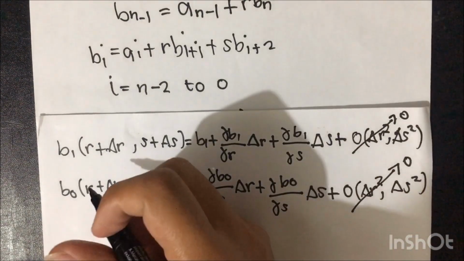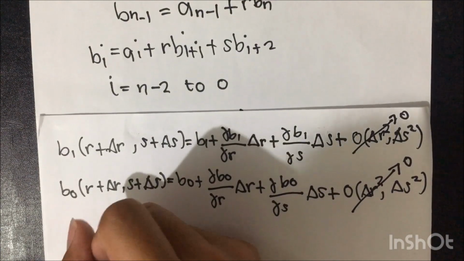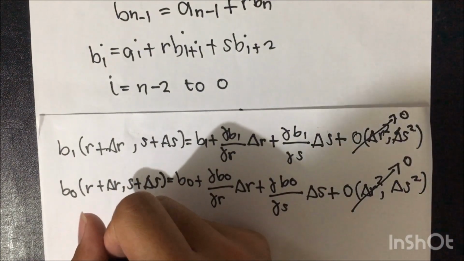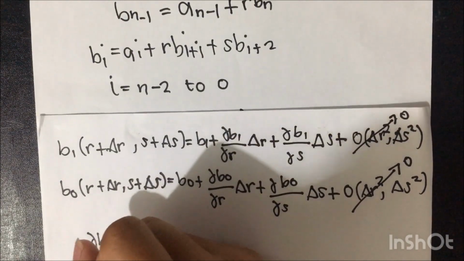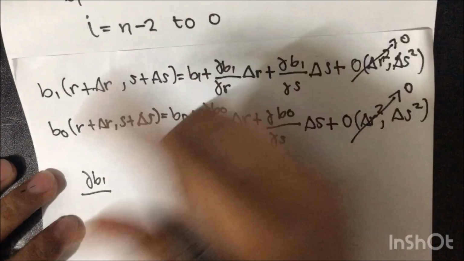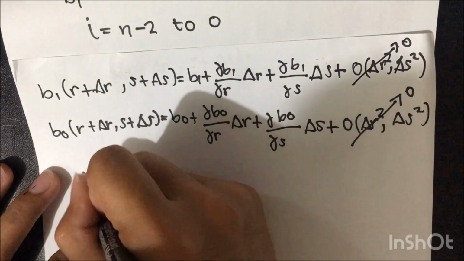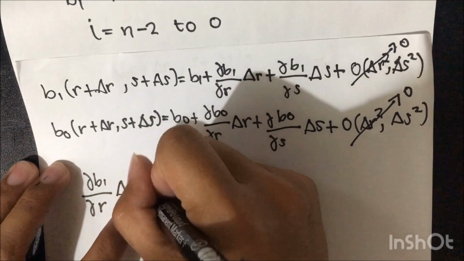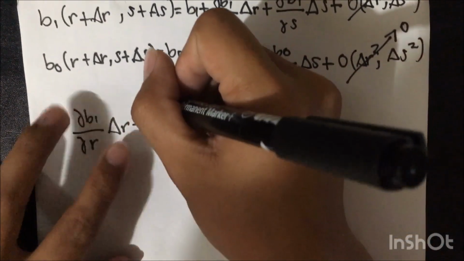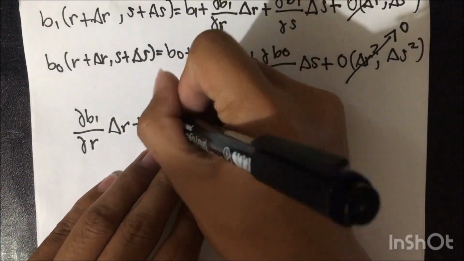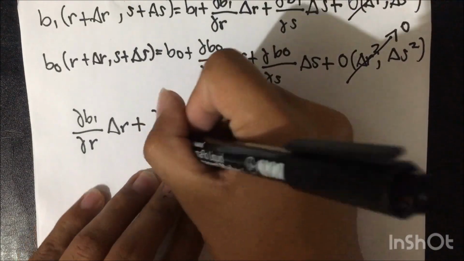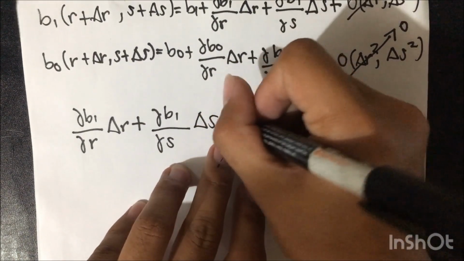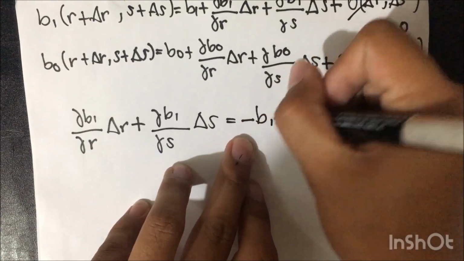Kaya ang matitira na lang sa b sub 1 natin ay partial derivative of b sub 1 over partial derivative of R times delta R plus partial derivative of b sub 1 over partial derivative of S times delta S is equal to negative b sub 1.